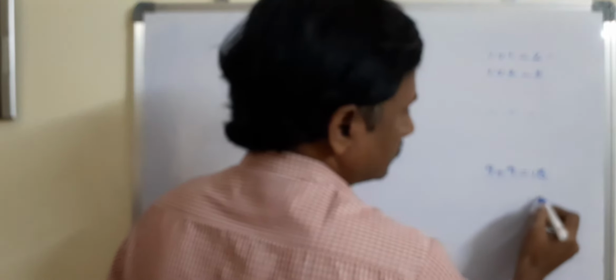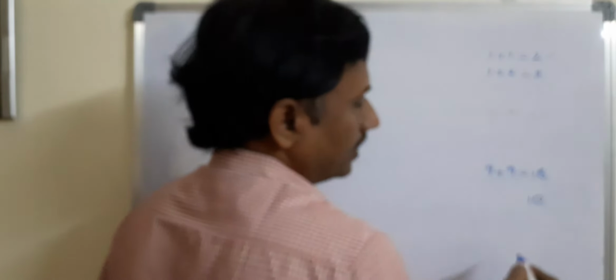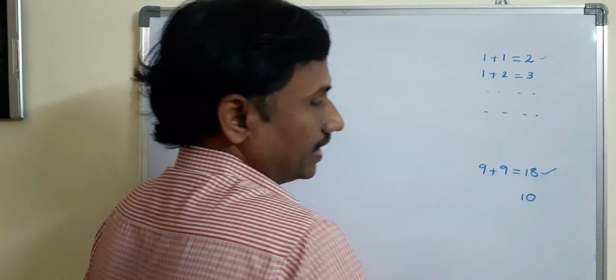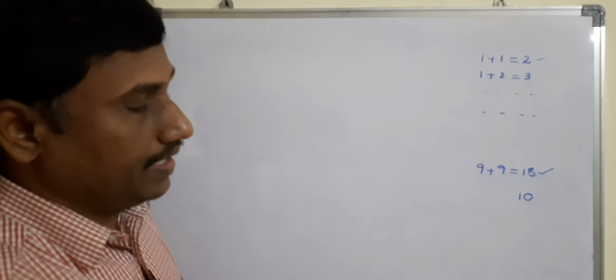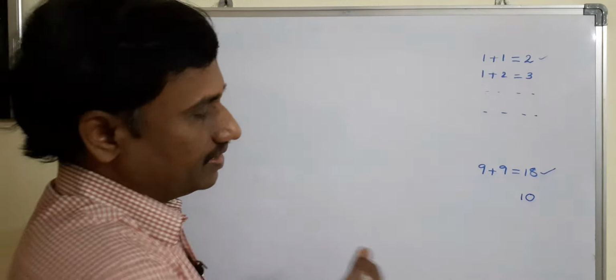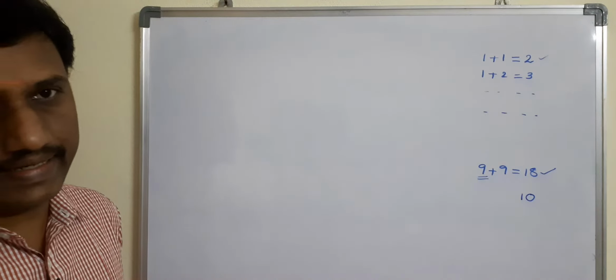By adding any two single digit numbers, the maximum possible value is 18. Why? Because 9 is the highest single digit number, and 9 plus 9 is 18.